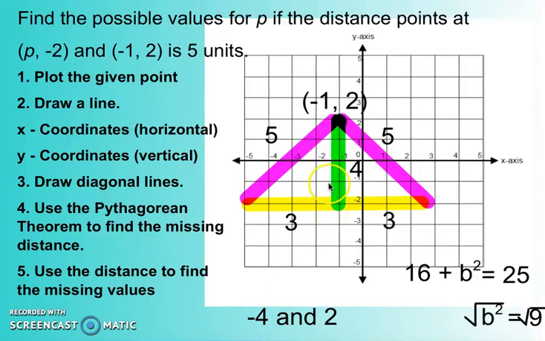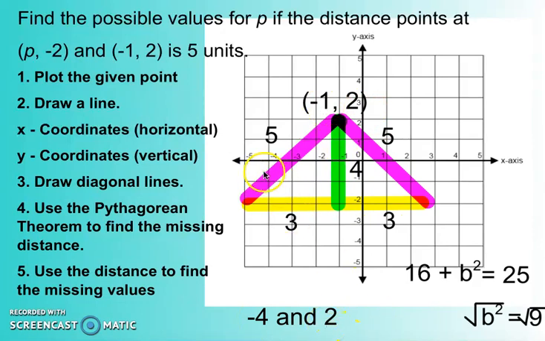And so now I could figure out what P could be just by going 3 units to the left and 3 units to the right. So if I go 3 units to the left, I am actually at -4 because I started at -1. And if I go 3 units to the right, that would take me to +2.